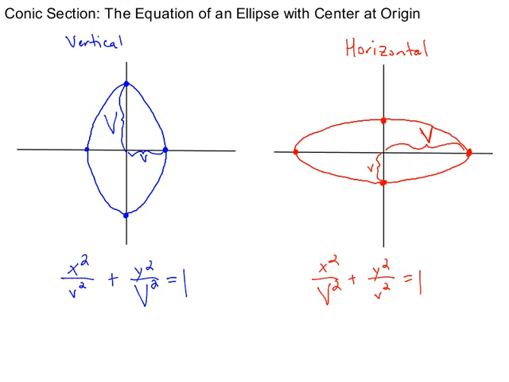Now I just want to remind you where the foci are in each of these pictures. The foci are on the major axis, so my foci are here and here, or here and here.